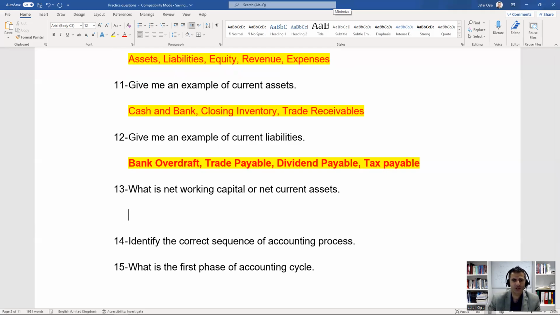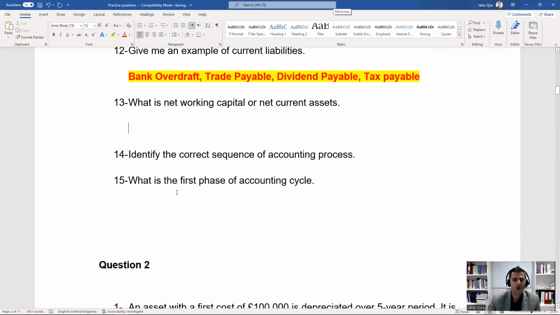Question number 13 asks you, what is net working capital or net current assets? Again, net working capital or net current assets. It's total current assets minus total current liabilities.